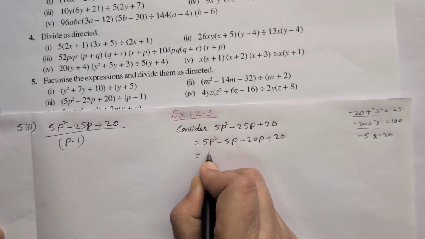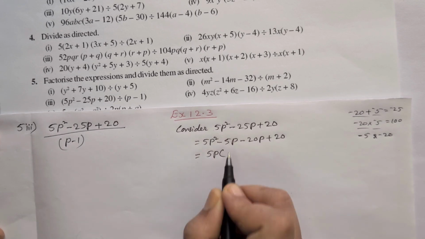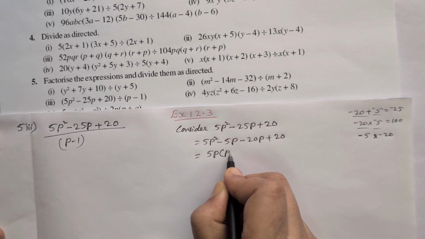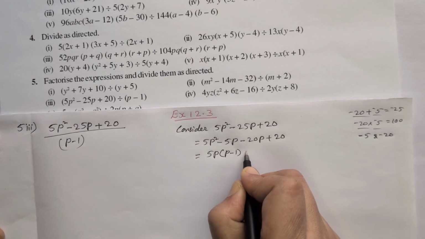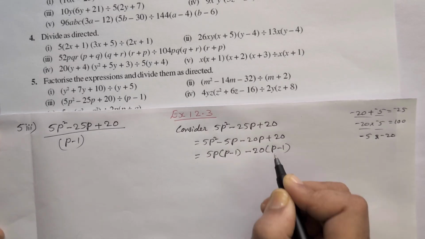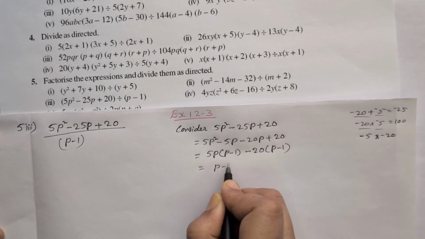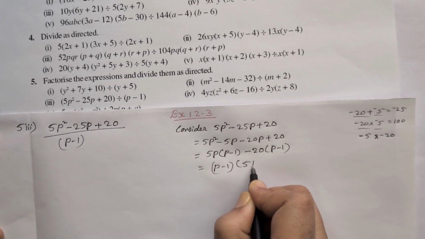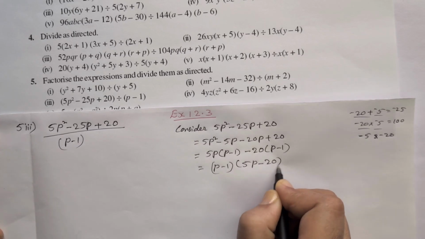Then we can take 5p as common from the first two terms, so p minus 1. Here we are taking minus 20 as common, and there also p minus 1, which means p minus 1 into 5p minus 20.